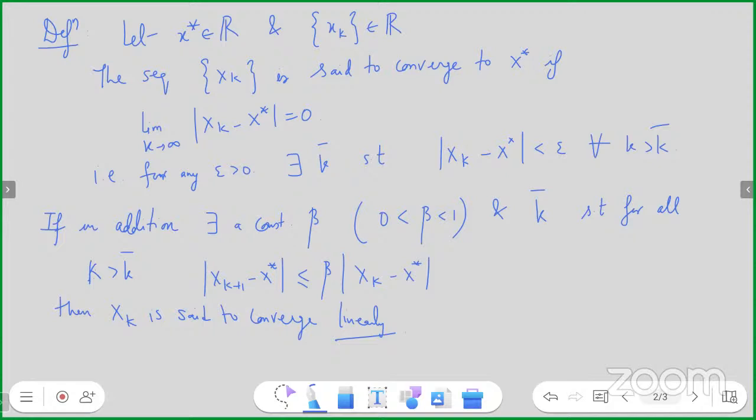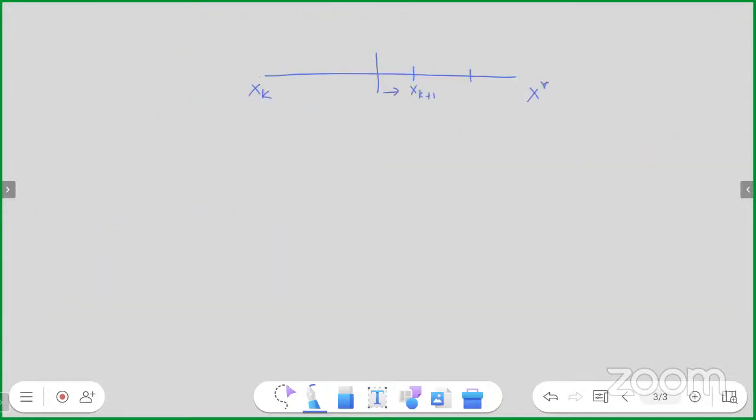Definition. So this is also called geometric. To avoid this strange linear and geometric, I prefer to use the word contraction. Okay, so this is an add-on definition.